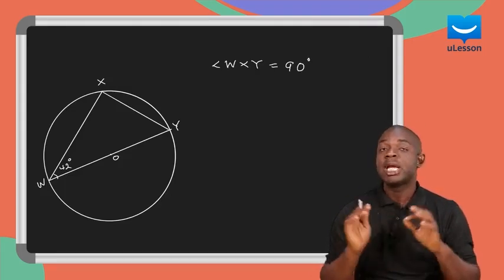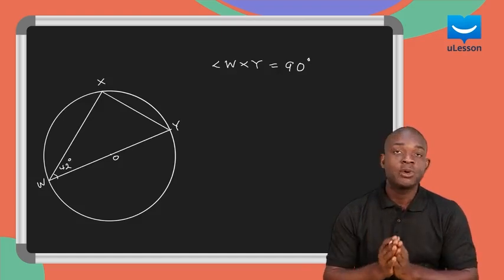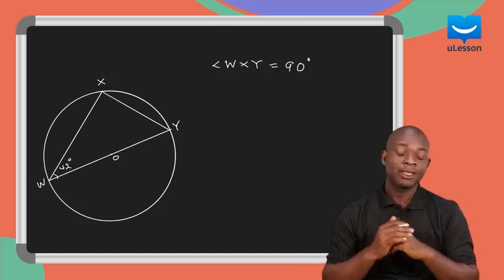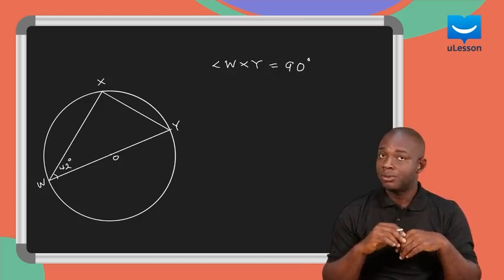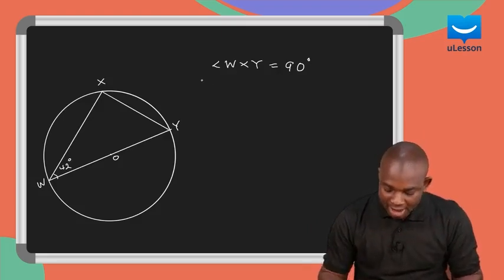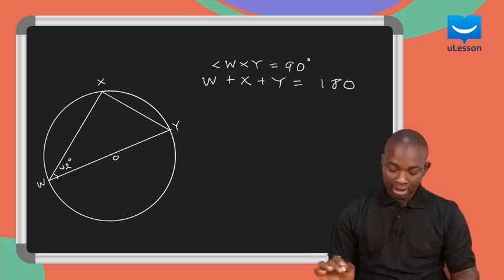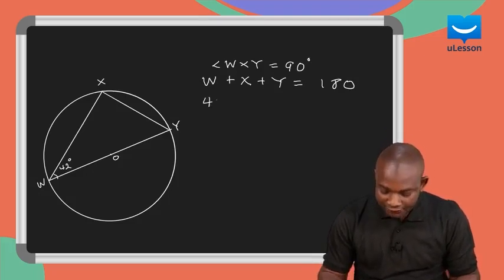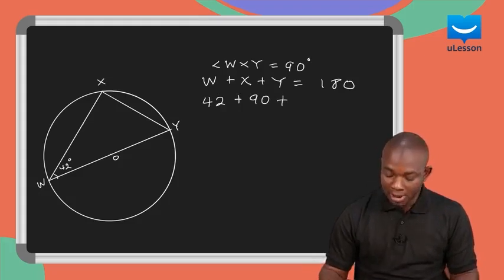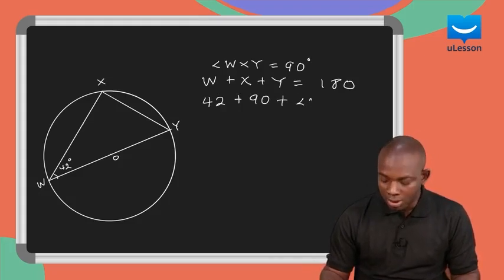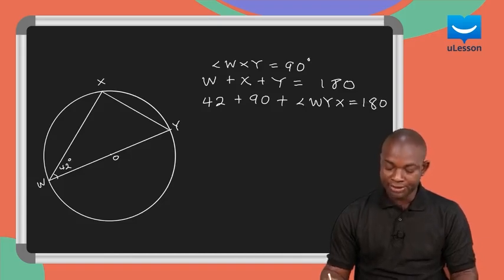Now again recall that the sum of angles in a triangle is 180 degrees. Therefore, in the triangle WXY, if we add the angle at W, the angle at X, and the angle at Y, we should have 180 degrees. This means that we have 42 plus 90 plus the angle at Y, which is angle WYX, equals 180 degrees.